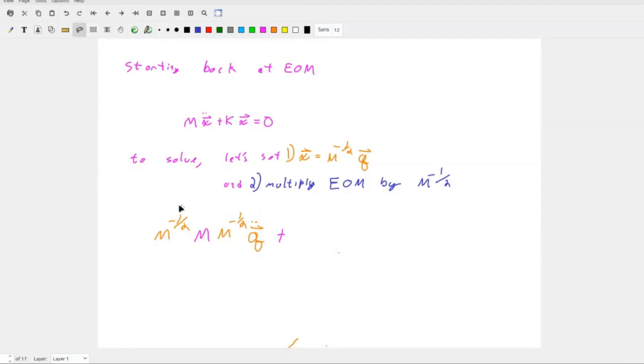Plus, back to blue, m to the negative 1/2, and then I already had a k in there, and then m to the negative 1/2 q vector is equal to 0.